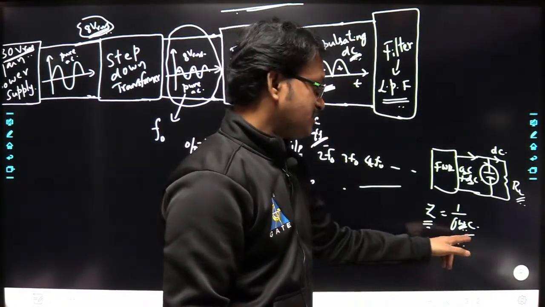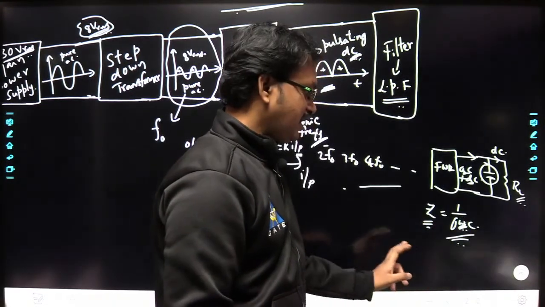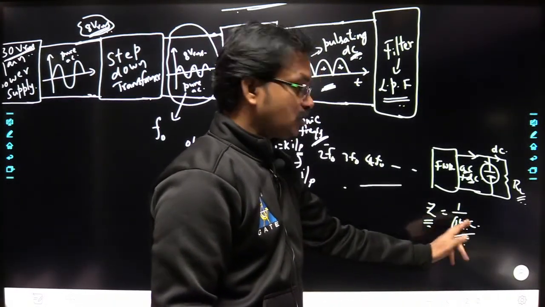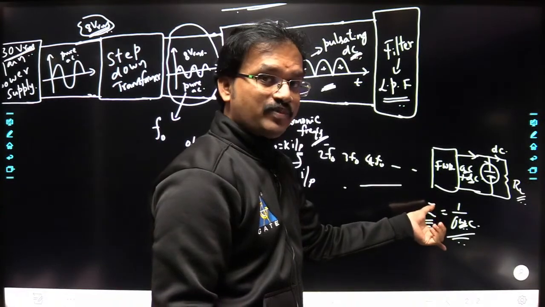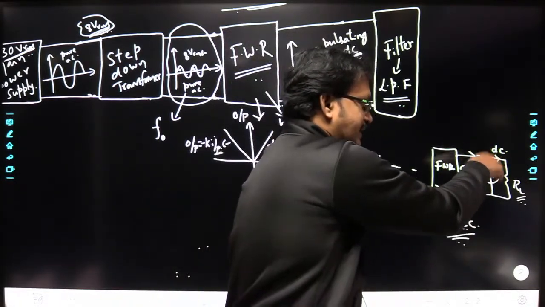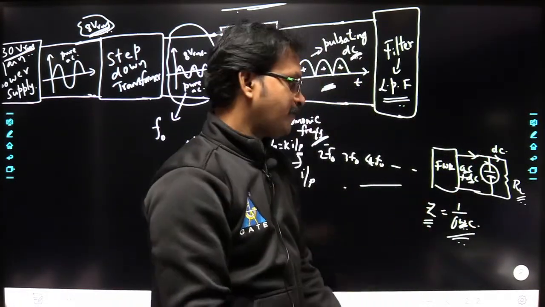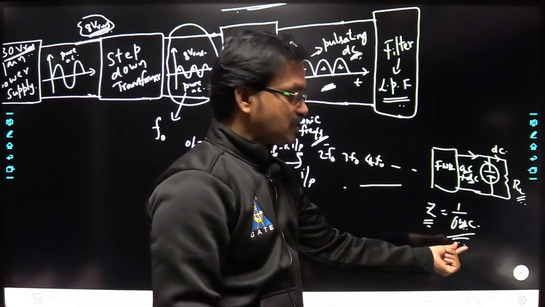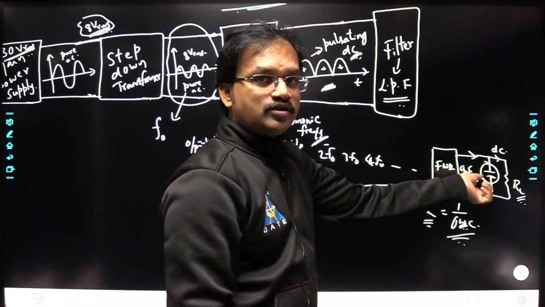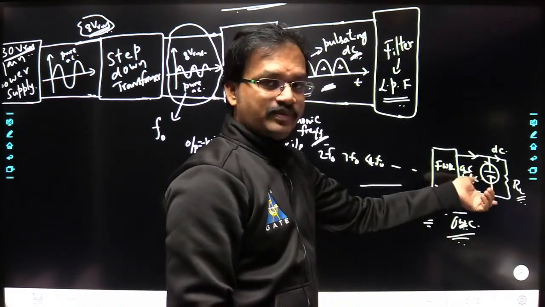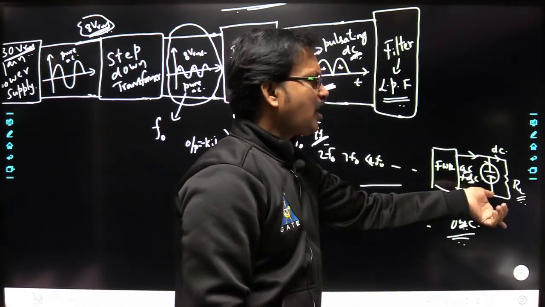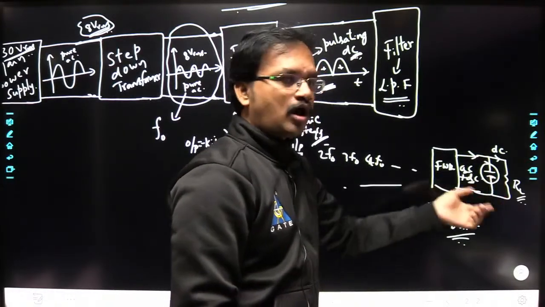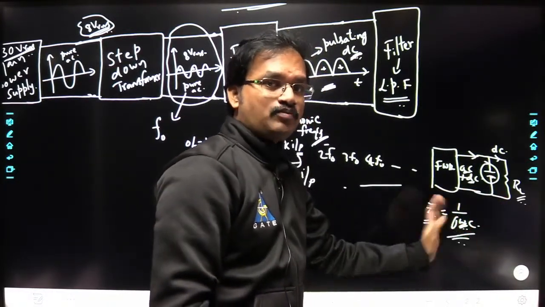Okay, so if you take a DC signal here, then omega will be 0. It is going to offer infinite impedance. That means it cannot allow DC. But even if the frequency is very low, it is going to offer very high impedance. That means, actually speaking, it cannot allow very low frequency signal components also.